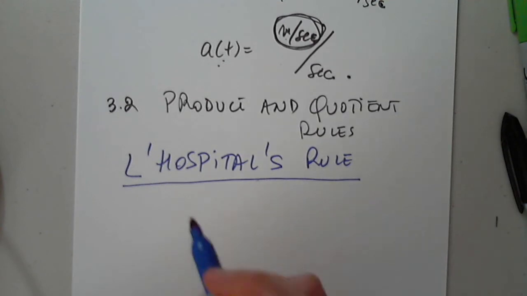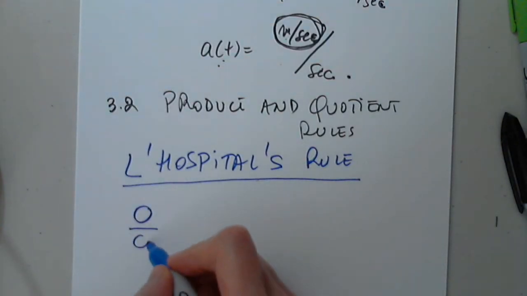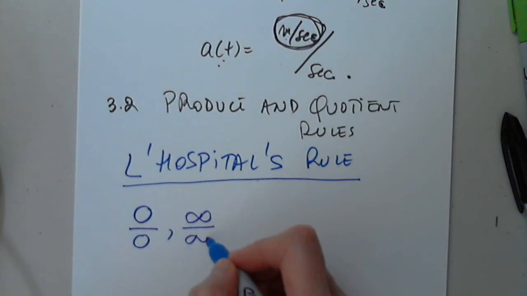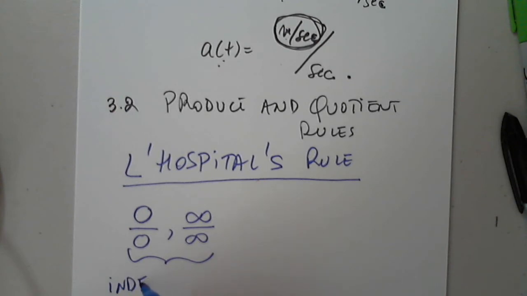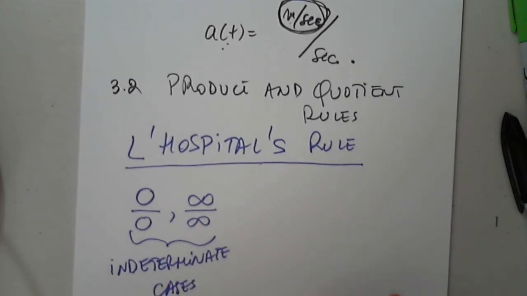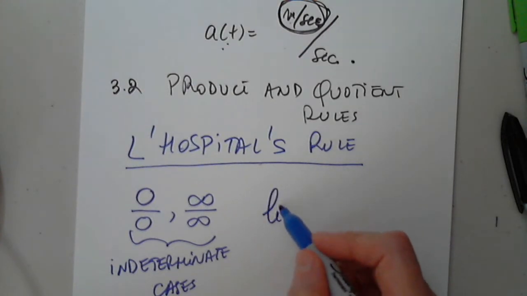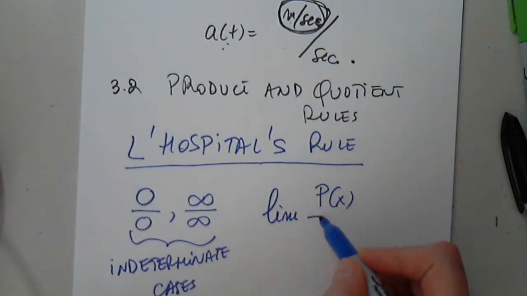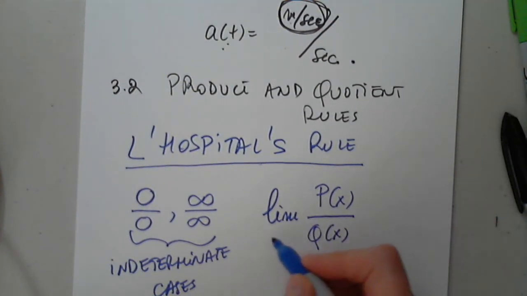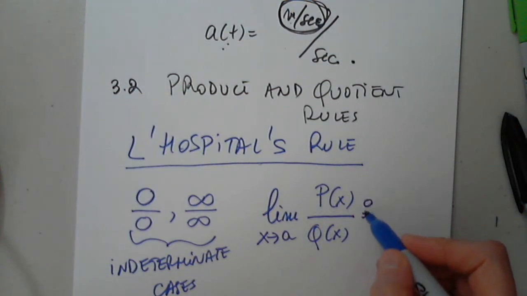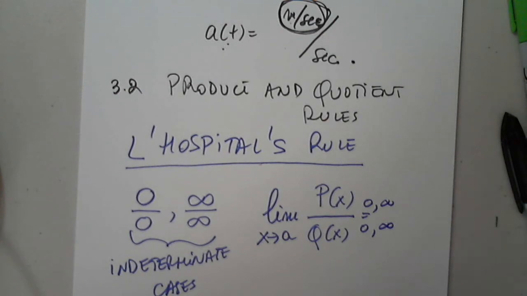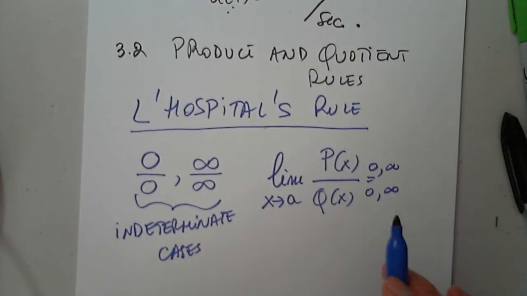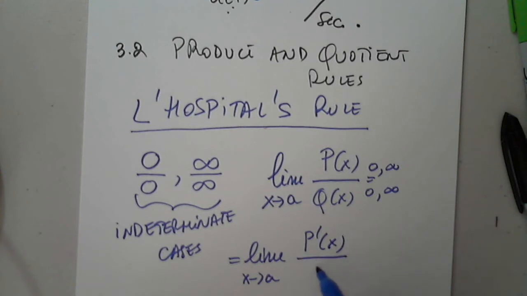He said that only in the situation of 0 over 0 or infinity over infinity, so these are indeterminate cases, only in these two situations, if I have a limit of a polynomial or an expression over another expression as x approaches a, and initially I have 0 over 0 or infinity over infinity, then it's okay to do this: the limit as x approaches a of p prime of x over q prime of x, and find the limit.